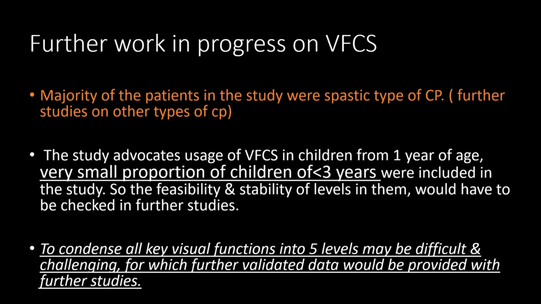So now they have started recruiting children in that age group and trying to validate the VFCS on them. And there are so many visual parameters, and condensing all of them into 5 levels is difficult. So they are trying to add in more data and more levels, like sub levels, into it.